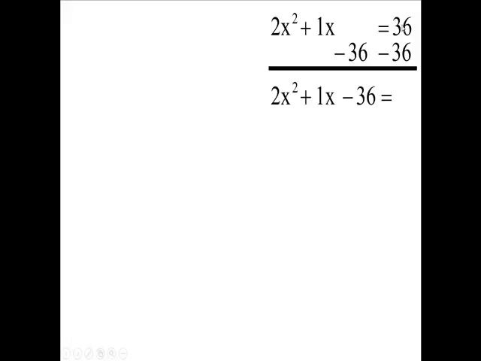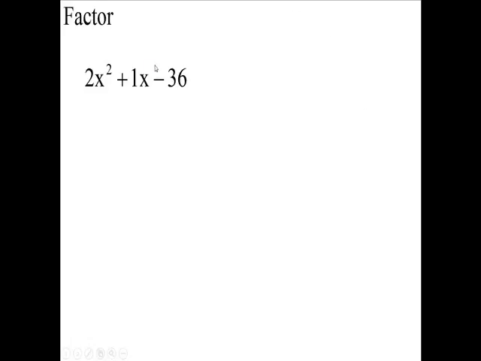Let's write that up here. I would like to have 0 on the right hand side, so I'm going to subtract 36 from both sides. 2x squared plus 1x minus 36 equals 0. It's our 0 that we wanted. So I need to factor this 2x squared plus 1x minus 36. Here is the no fuss factoring.